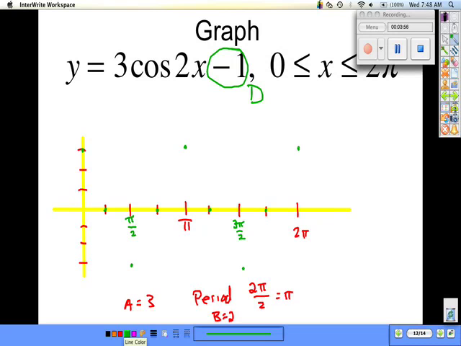For my finished graph, I'm just going to take all these points and drop them down 1 unit. If there was a horizontal shift, I'd also be sliding them to the left or the right also. If you can do this all in one shot without making these original starting points, fine, doesn't matter. I find it helpful to do it this way though.